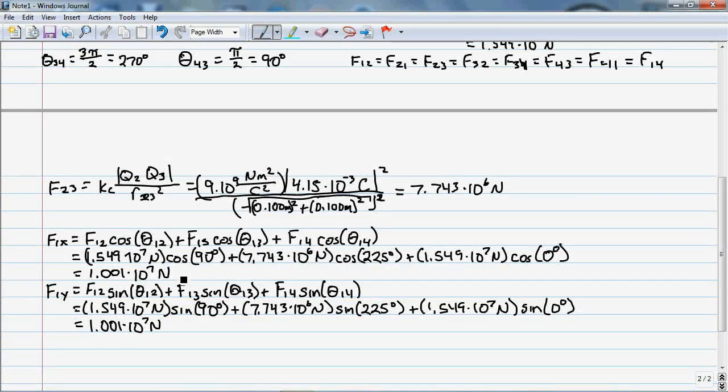So here's my x component and my y component. If I want to find the complete magnitude of the force, then it's going to be equal to the square root of F1x squared plus F1y squared.